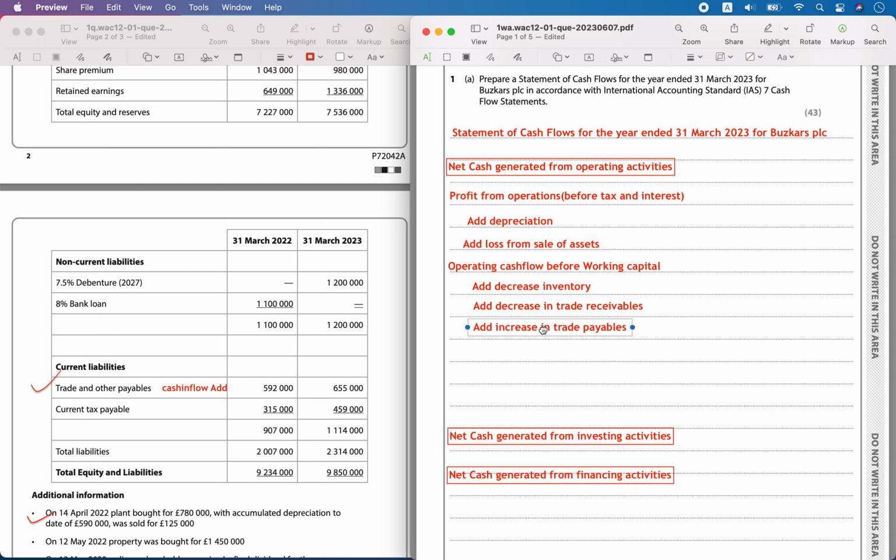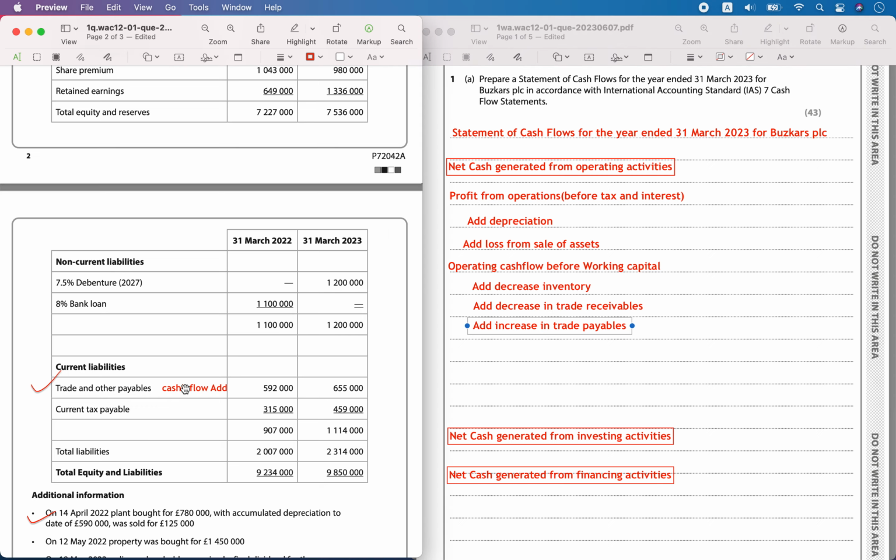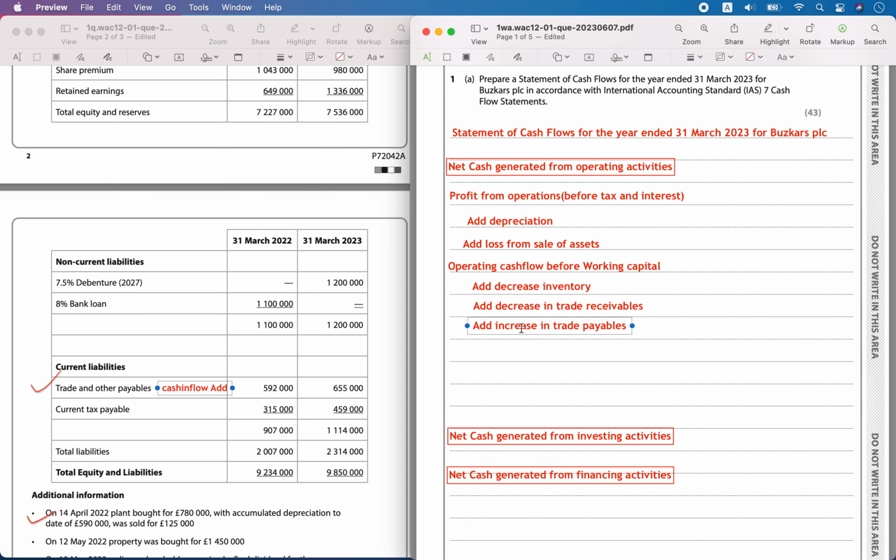My liabilities have increased, and that means there is no cash outflow, or it could also mean it's a sort of cash inflow. So I'll have to add, and then you will get the cash generated from operations. So after all these changes, you will get exactly the cash generated from operations.